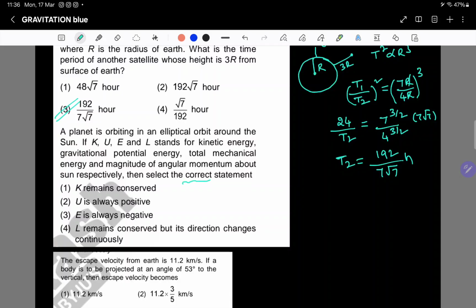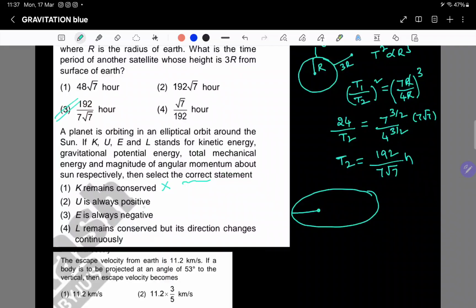Kinetic energy is conserved? No, students. In an elliptical orbit, when the distance is less the speed is more, so kinetic energy is also more. So kinetic energy is different at different places. So kinetic energy remains conserved is wrong, students. Kinetic energy is continuously changing.